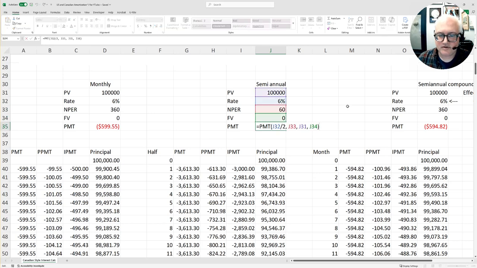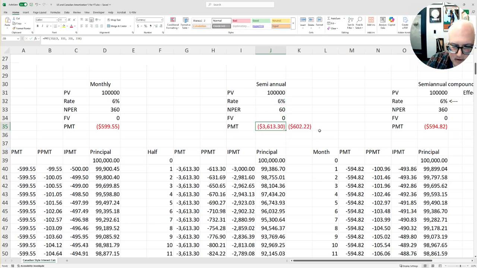In other words, take the annual rate, divide by 2, take the number of half years, take $100,000, it's paid off in full, and you get $3,600 every 6 months, or that divided by 6, $602 per month. So far, so good.